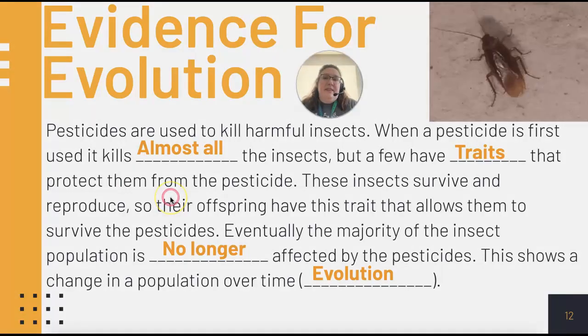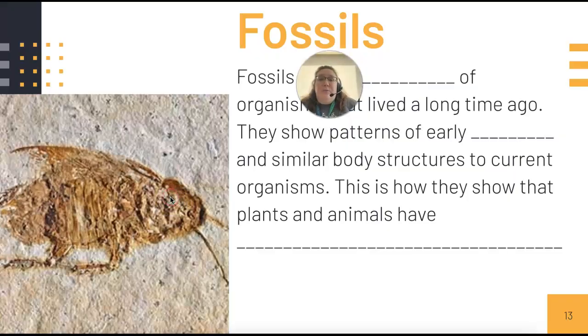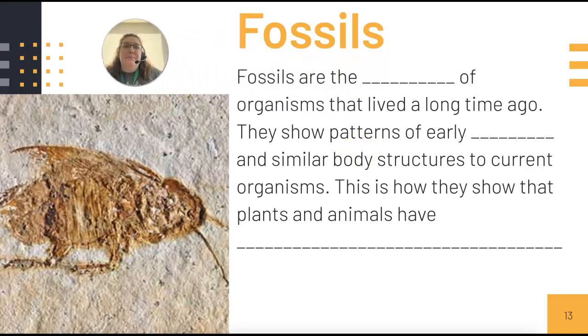So, then, how do we prove that? Well, first we move my face. There we go. We prove that first by looking at fossils. So fossils are the remains of organisms that lived a long time ago. They can also be the traces of organisms that lived a long time ago, like footprints or leaf pressings into mud or something like that.